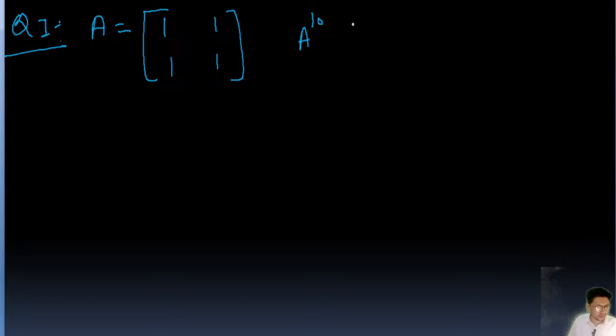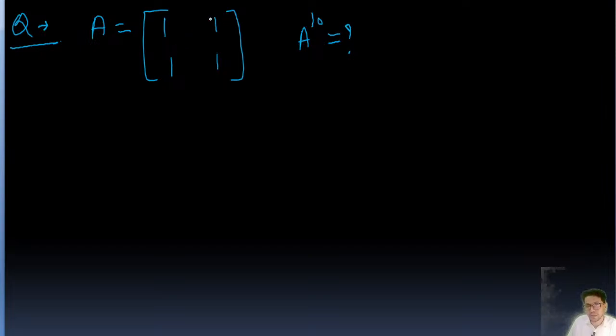There are two questions actually, but it's just one question, not two. So this is A to the power 10 we need to find out. Okay, simple. We can see, very simple, right?